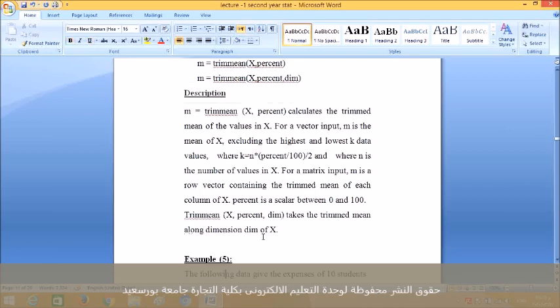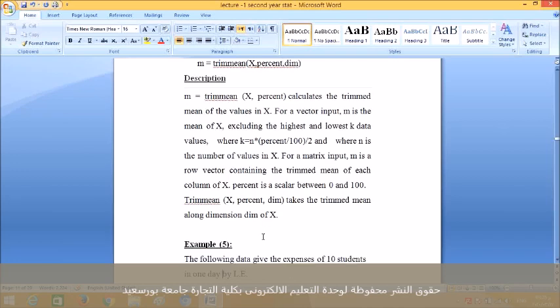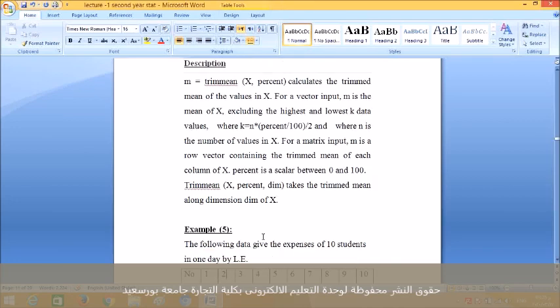Okay, so example 5 will illustrate the way for computing the trimmed mean. The following data give the expense of 10 students in 1 day in Egyptian pounds.